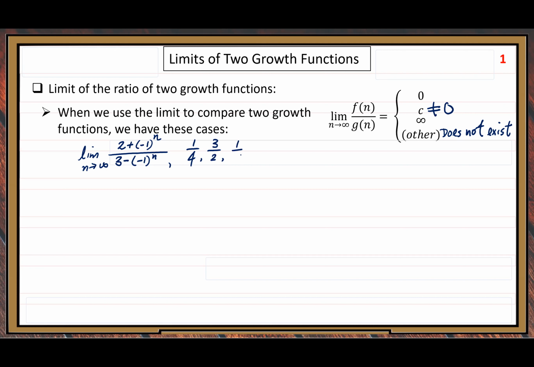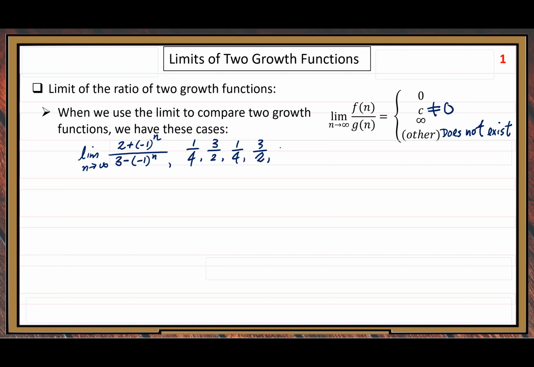Then back to all the function, so all the number, even number. So this pattern repeats alternately. When n is an odd number, 1/4. When n is an even number, 3/2. This pattern.